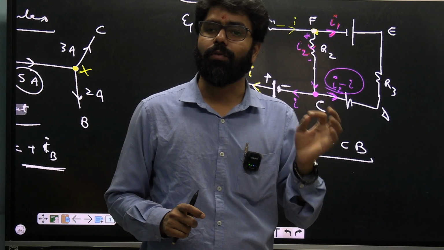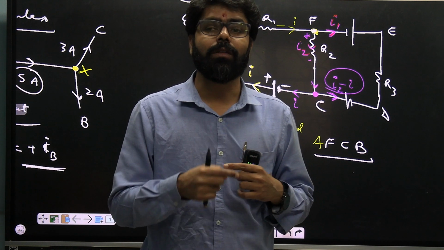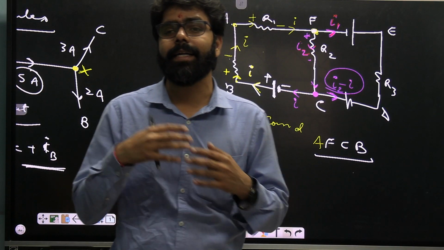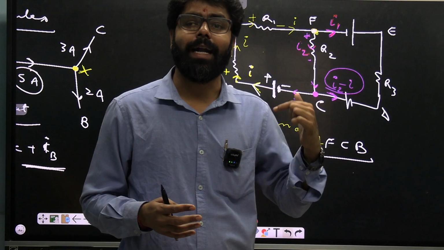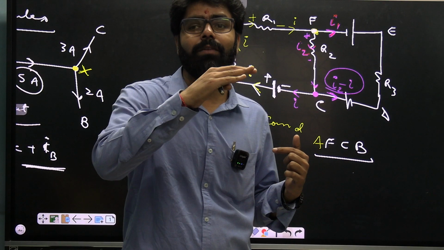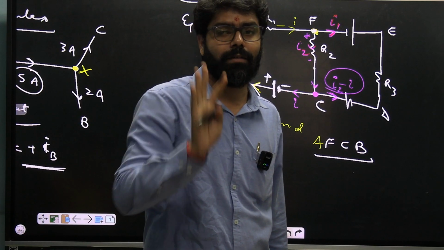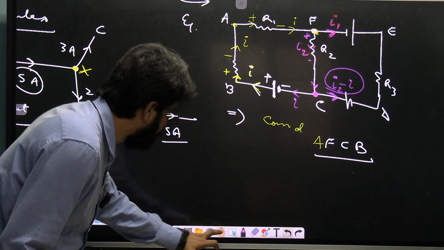Then assume the direction of the flow of current, and according to that assumption, across the load, that is the resistance or the bulb or the fan, mark the point where the current enters as positive and the end where the current exits as negative. On the basis of the junction rule, I marked everything.